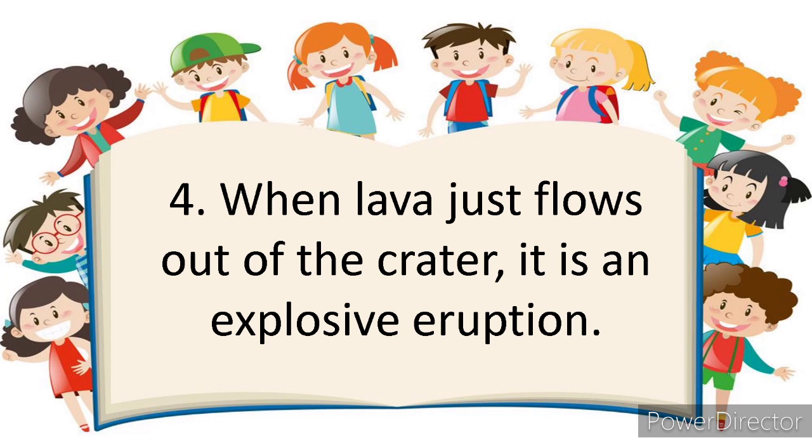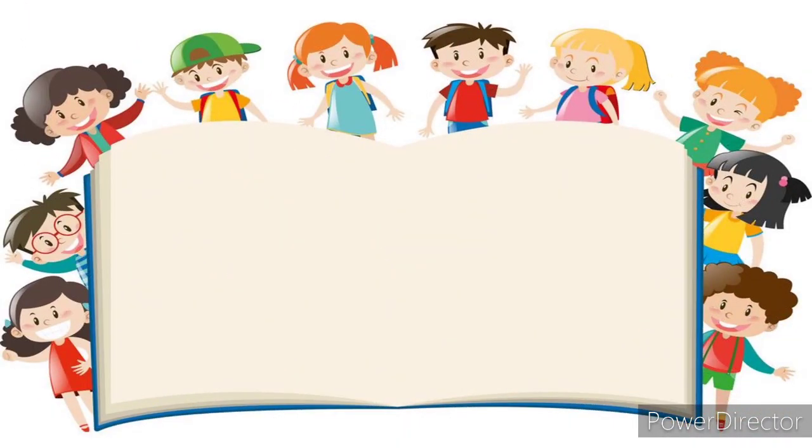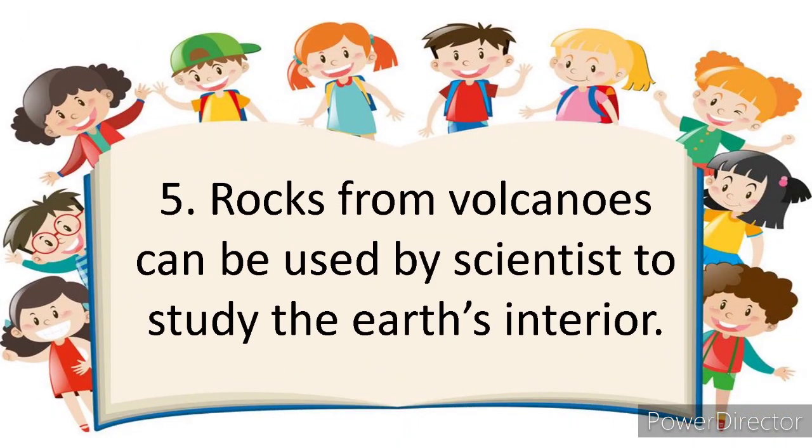Do you think this is a fact or is it a bluff? And for number 5, rocks from volcanoes can be used by scientists to study the Earth's interior. What do you think is the answer? Is it a fact or is it a bluff? Please write your answer.